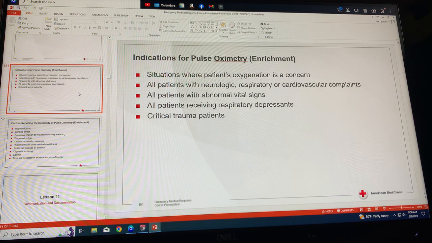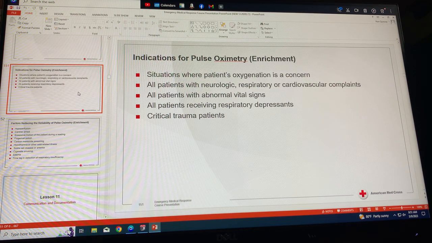Next we are dealing with indications for pulse oximetry. Pulse oximetry should be applied whenever a patient's oxygenation is a concern and for the following situations: all patients with neurological, respiratory, or cardiovascular complaints, all patients with abnormal vital signs, all patients who receive respiratory depressants, for example morphine, diazepam, midazolam.